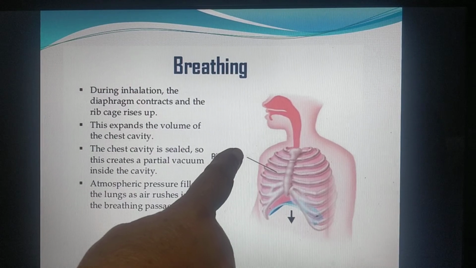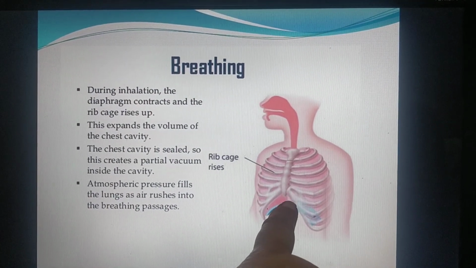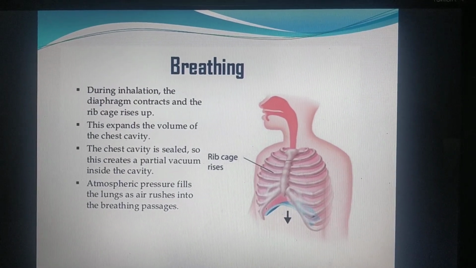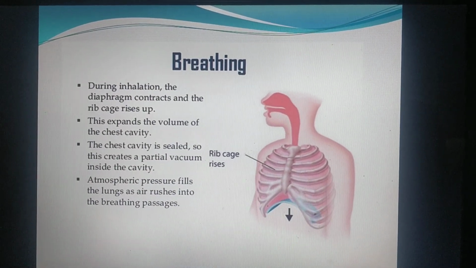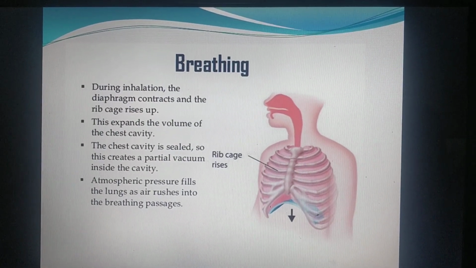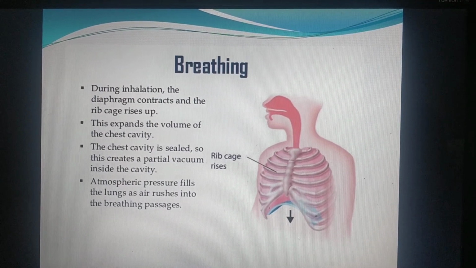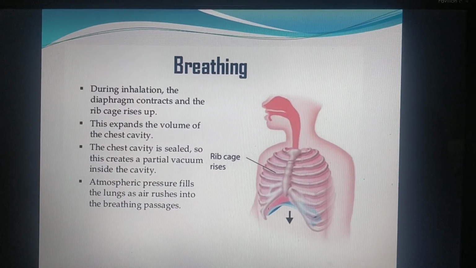The rib cage rises, the diaphragm flattens and comes down. The whole chest cavity expands and becomes larger. Air pressure in the chest cavity decreases.